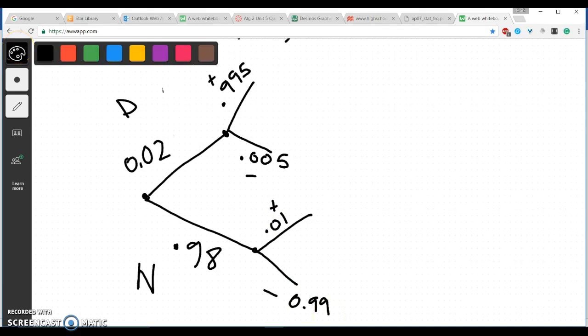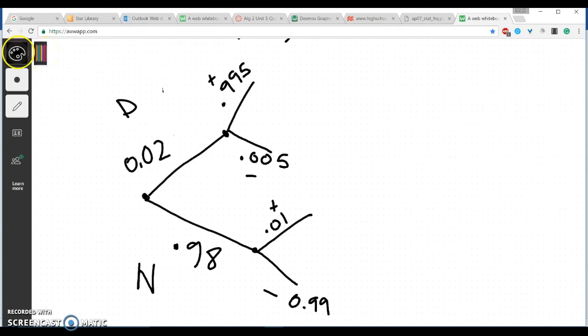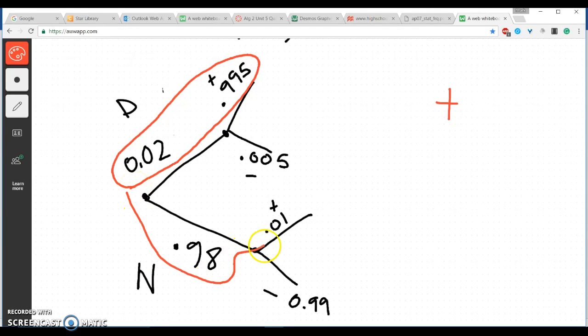So the first thing that we want to do is figure out how many people would have tested positive. So the percent of people that would have tested positive would be this right here, and this right here. That's how many people tested positive. That's going to be the bottom of our fraction bar.